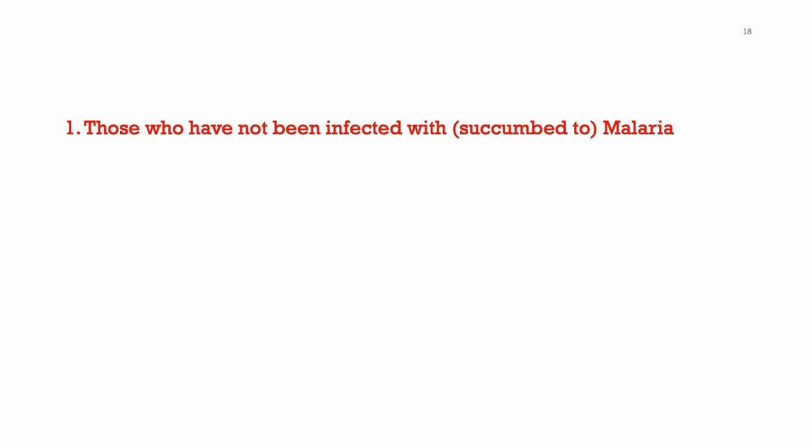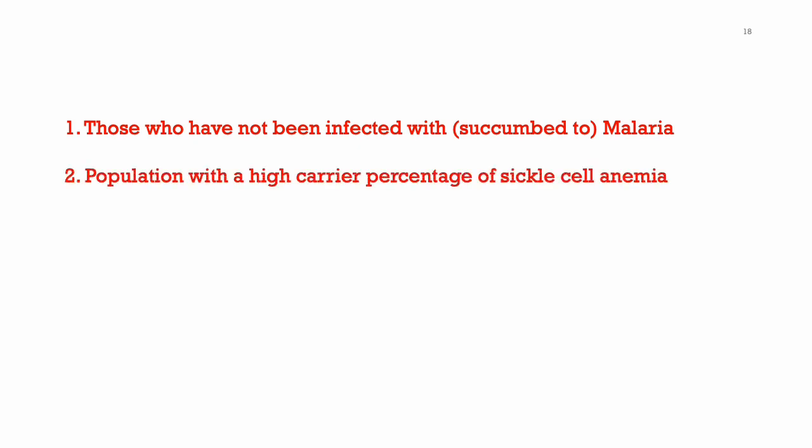So what we have is people that have not been infected with or succumbed to malaria, most likely being carriers of sickle cell anemia, yielding a population with a very high carrier percentage.